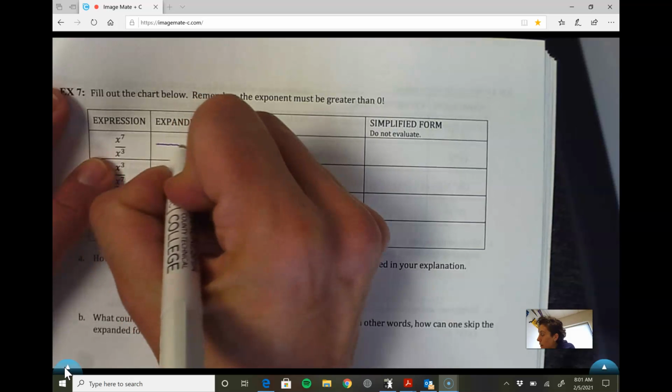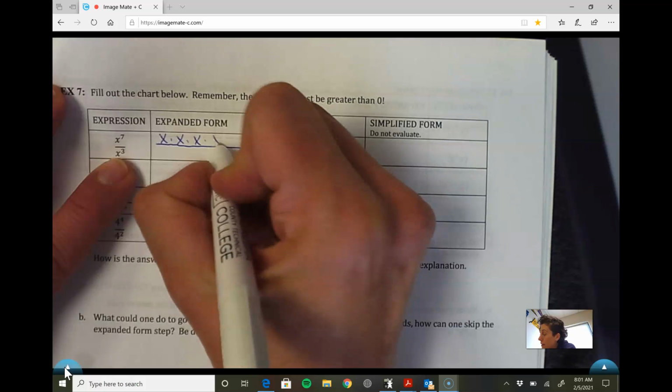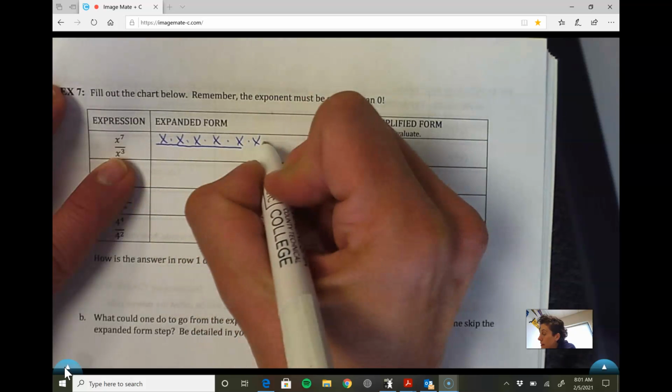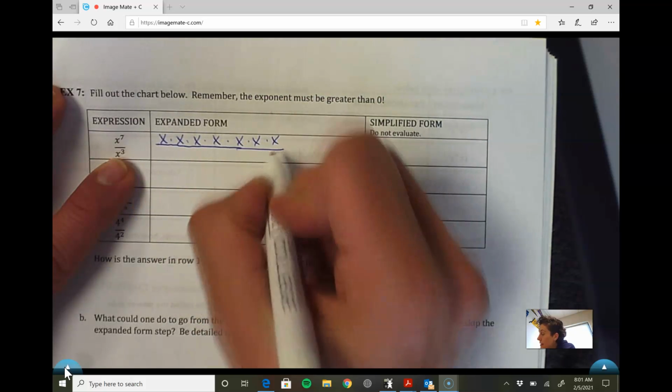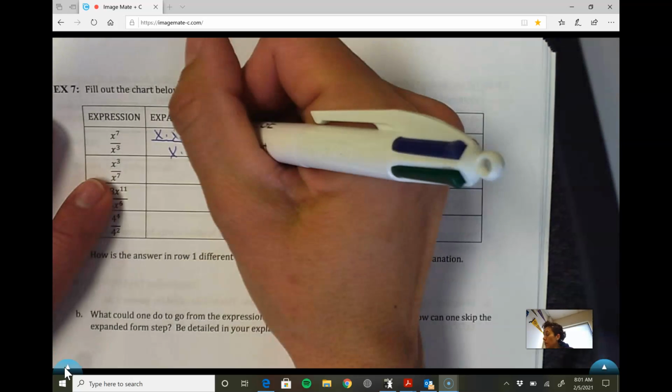So we're going to go into expanded form first, and again, this just means I have all these x's on top. I have 7 of them, and then I have 3 on the bottom. And because these are multiplying, I can start to take out common factors.